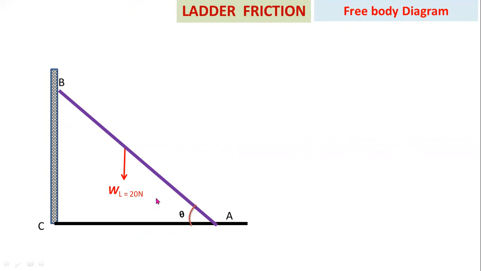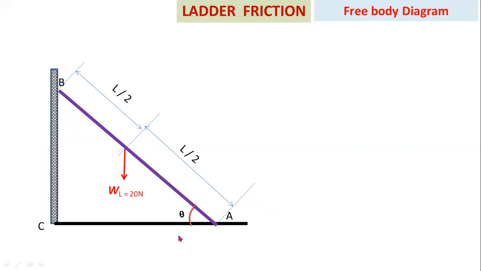Already we know that the self weight of a ladder always acts at the midpoint of the ladder, that means half of the length from the bottom and half of the length from the top. So this is the position of the ladder self weight.